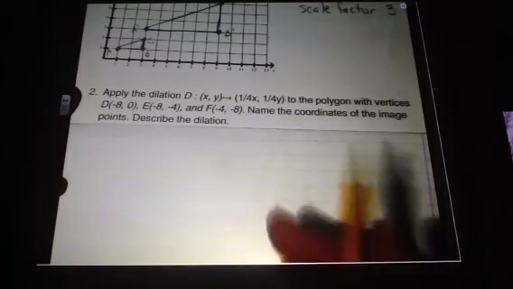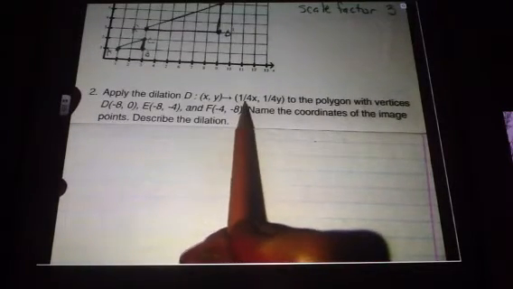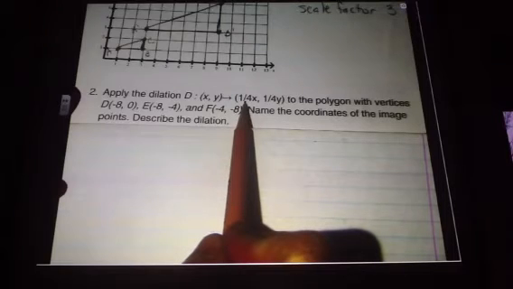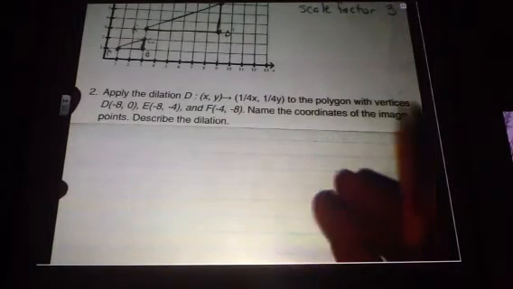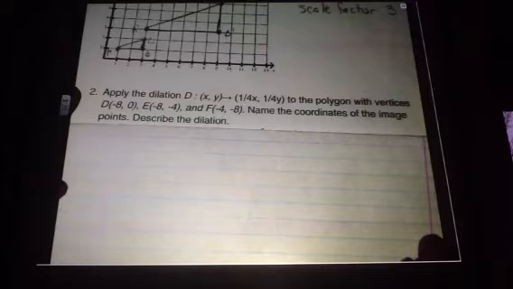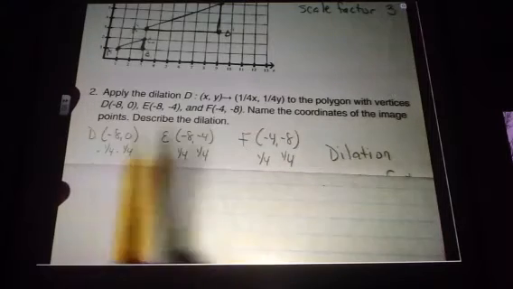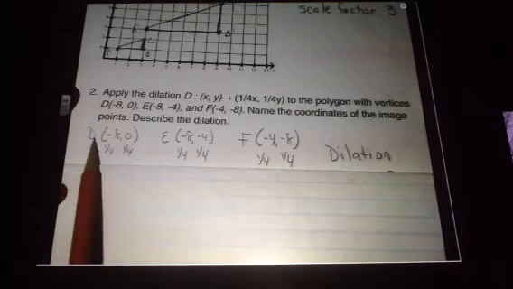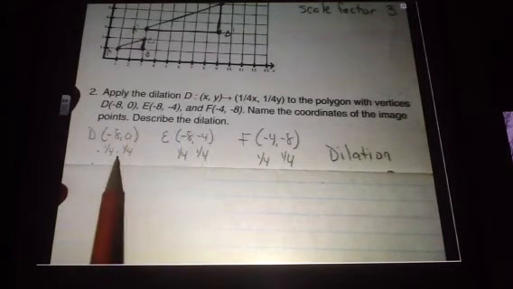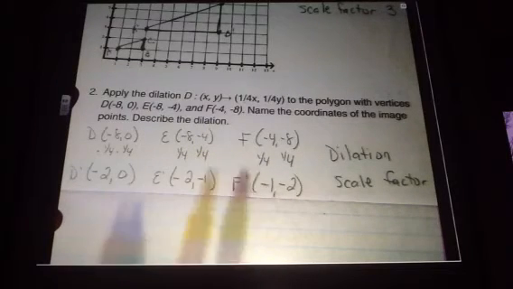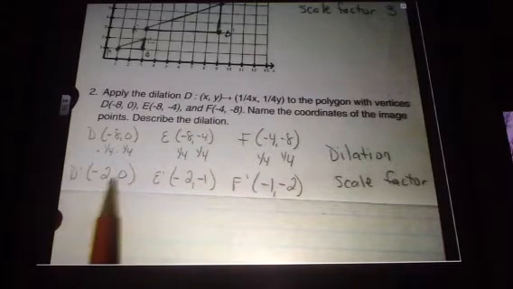Okay, example 2. Apply the dilation. Here's your rule. Taking each coordinate and multiplying it by 1/4 to the polygon with these 3 vertices. Name the coordinates of the image points. Describe the dilation. Okay, so let's take each point. We have our pre-image point, -8, 0. Once we apply the dilation, we get D prime, -2, 0.